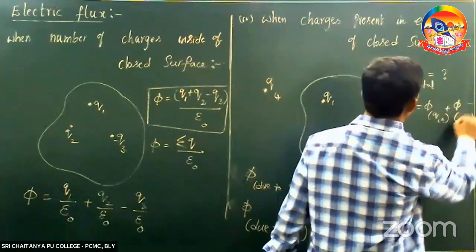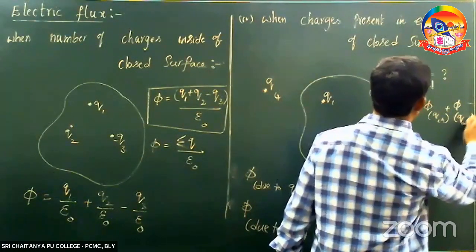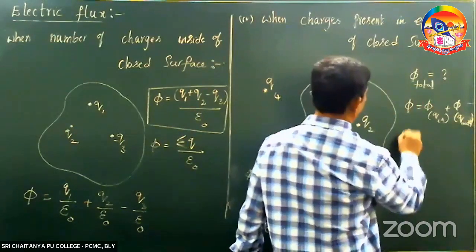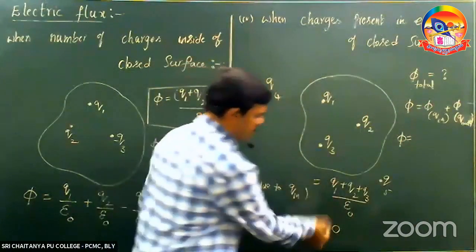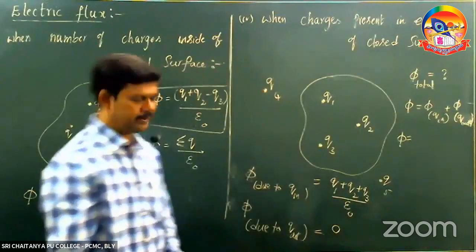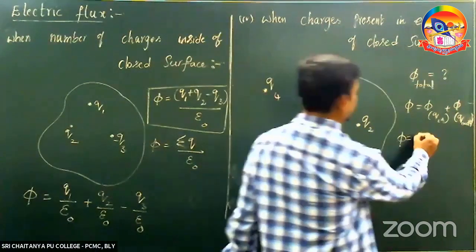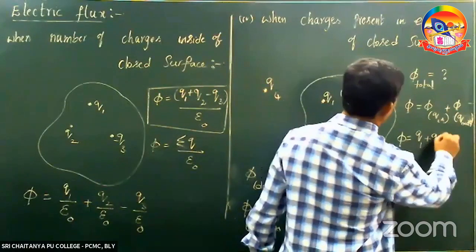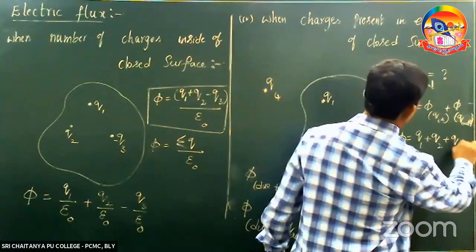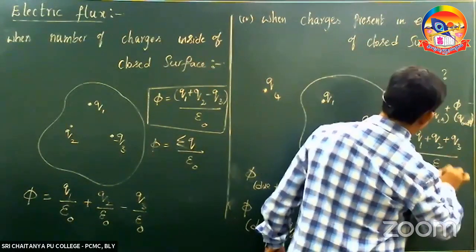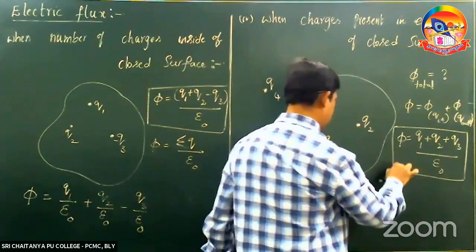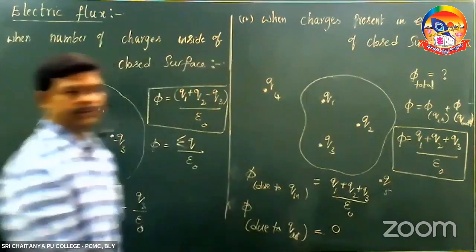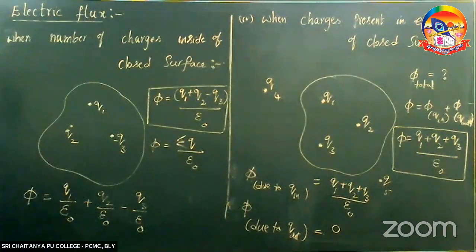So what is the final answer? Just add them. Q1 plus Q2 plus Q3 by epsilon naught.